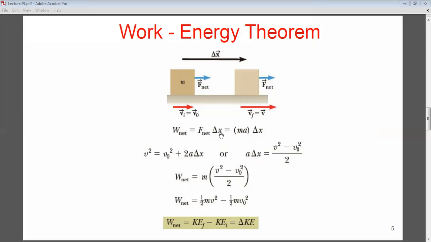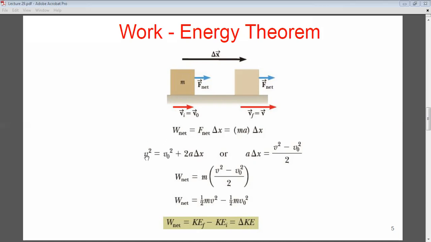What do I know from Newton's second law? I know that F net is ma, right? F net is equal to ma. So I have now W net is equal to ma delta x. What do I know from the first chapter, which is on kinematics? I know that v final square is equal to v initial square plus 2a delta x.